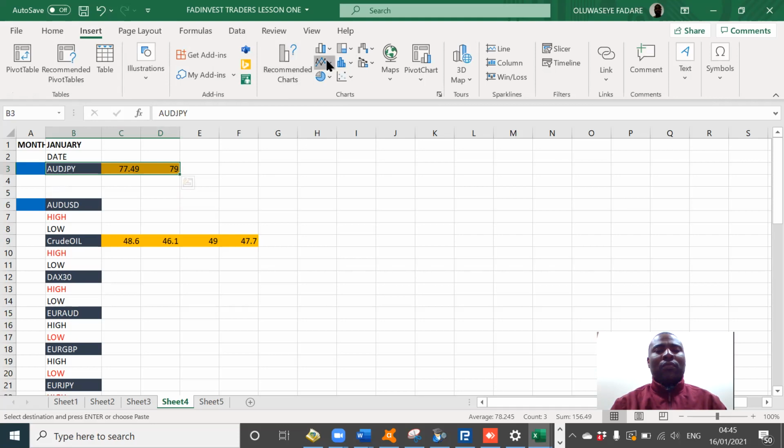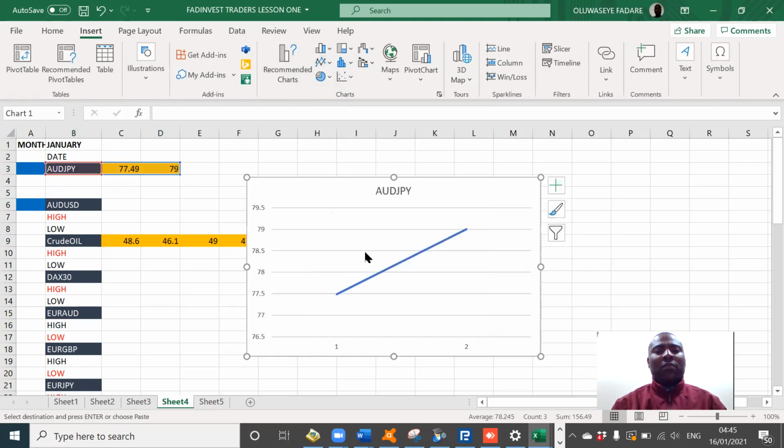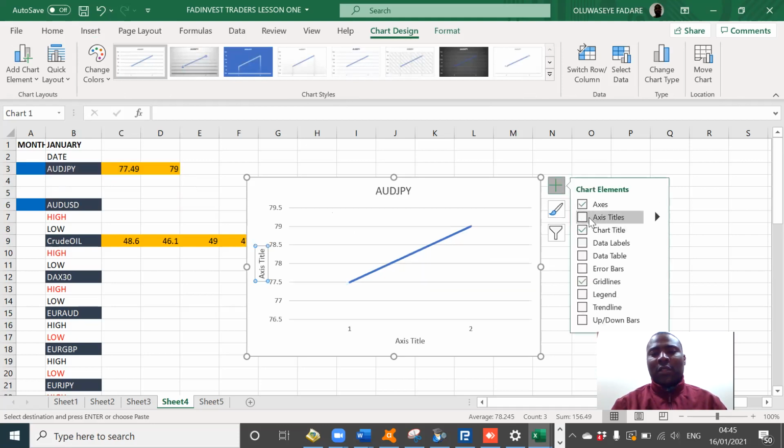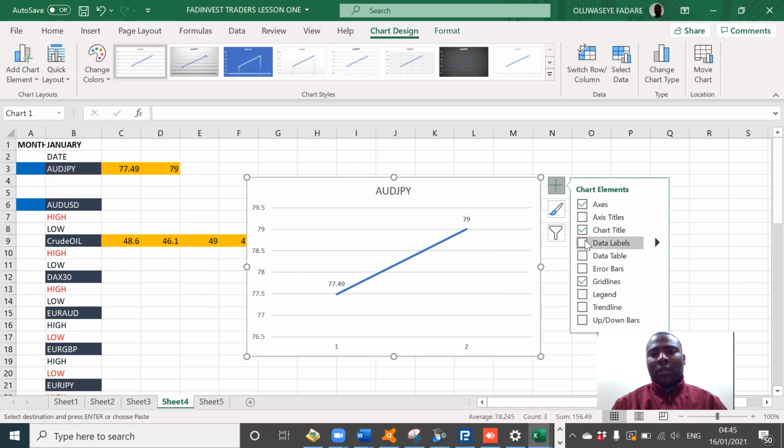So I'm going to show you how it gives us an idea. You can see here, for this one, it only shows that the market is starting from the low and it moved high. This is the current update for now.